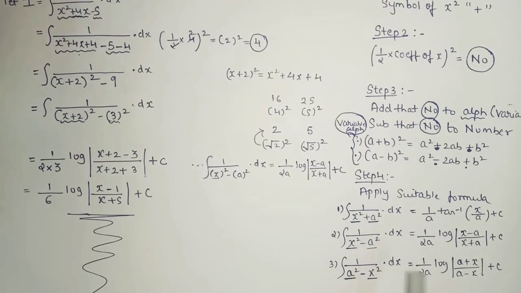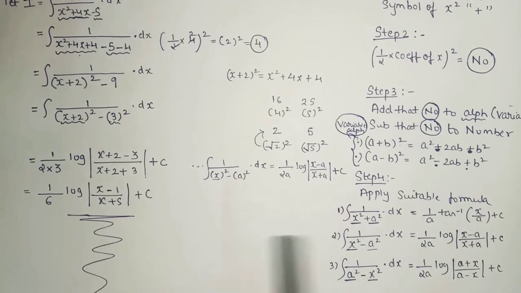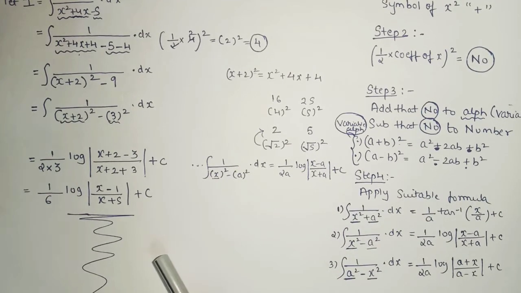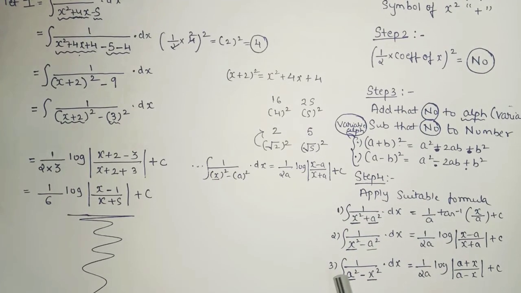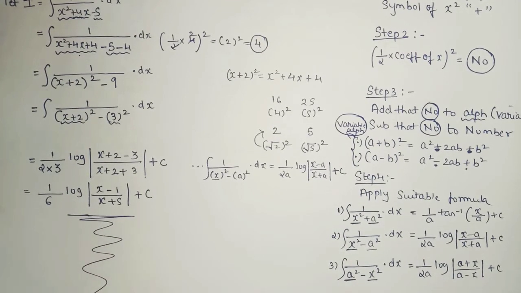If the sign for x square in the question is already minus, then only you have to apply the third formula. To guess the third formula is very simple. If in the question itself they have given that the sign for x square is minus, then only apply the third formula. So your first one is what?